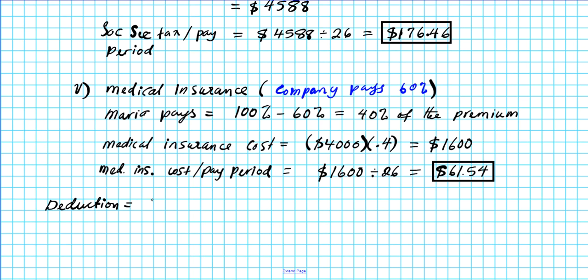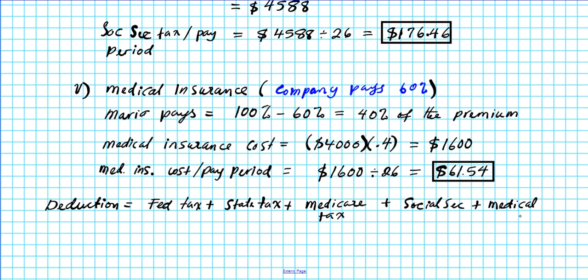We're going to add her federal taxes plus her state tax plus her Medicare tax plus her Social Security tax plus her medical insurance payment. Okay, we already know the dollar figures for each and every one of these deductions, so we'll just substitute them in here and compute the sum, okay?